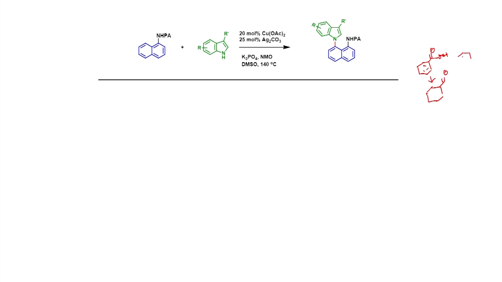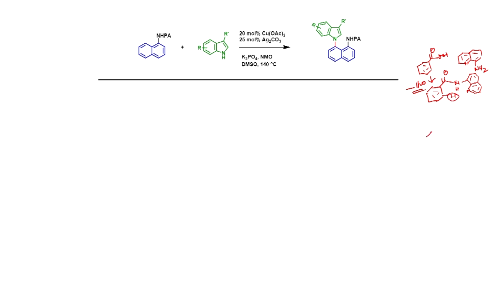So, you can react with it, and you can try to make amide. So, we have seen that if you have this one, you can make the amide, you can activate this CH bond, and you can introduce the azole group.